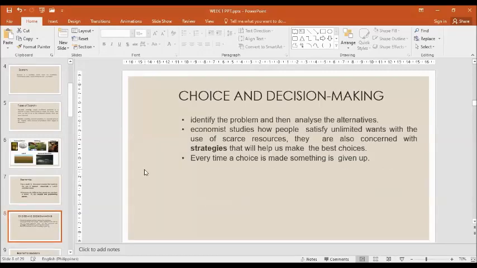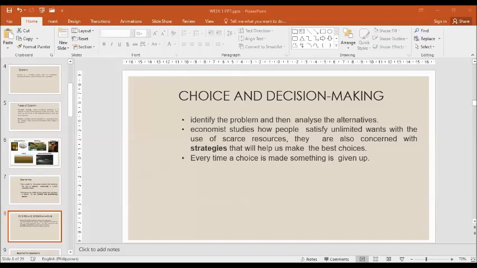So in making choices and decisions, the process is not always easy. Because of the limited resources that we have, we as consumers need to make wise choices.